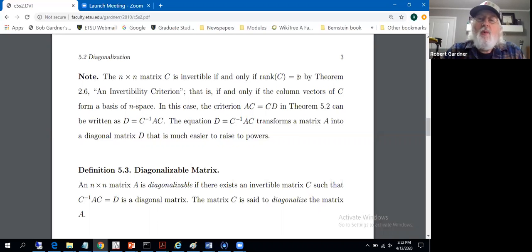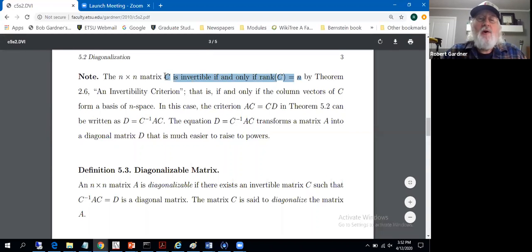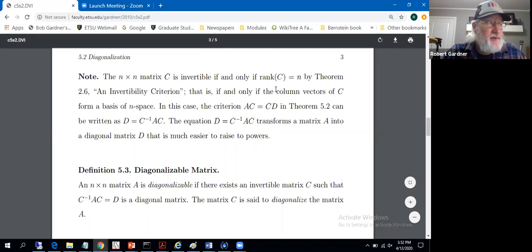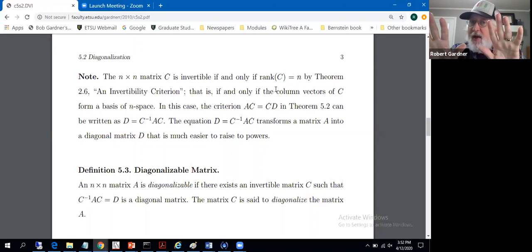So whether you remember the stuff about ranks and number of columns, and dealing with invertibility with square matrices, whether you remember Theorem 2.6 or not, you know this result. And you know it because you know how to find inverses of matrices. Matrix, augment with identity, do your row reduction thing. If it works, the matrix is invertible. If it doesn't work, the matrix isn't invertible. When's it going to work?